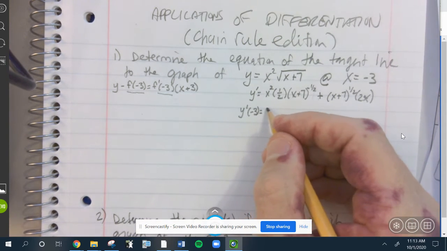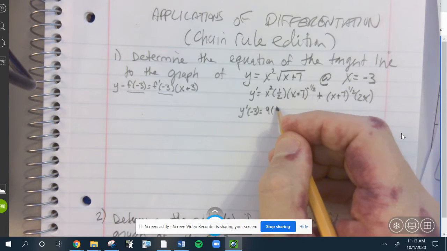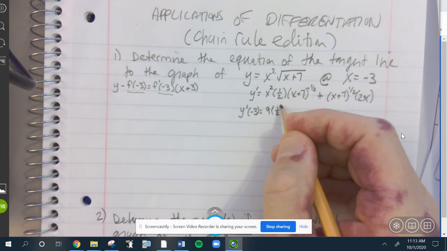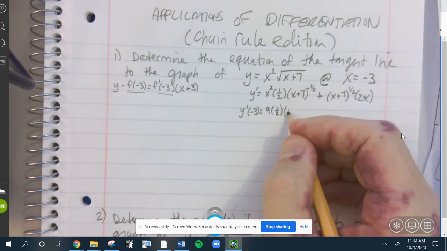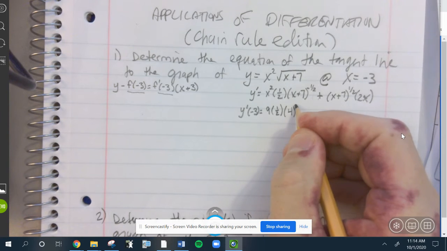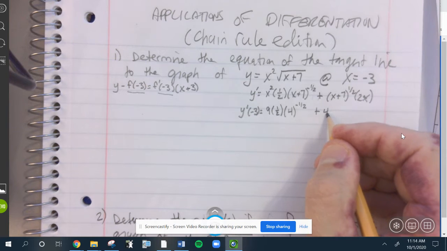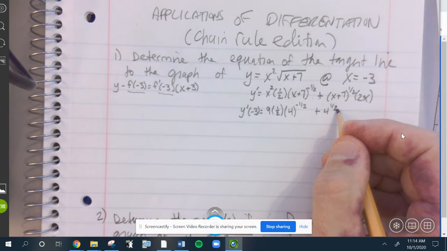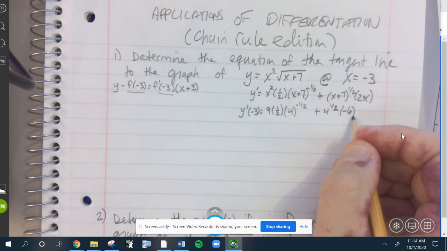We'll get negative 3 squared is 9, times 1/2, times negative 3 plus 7 is 4 to the negative 1/2, plus 4 to the 1/2 times a negative 6, 2 times a negative 3.